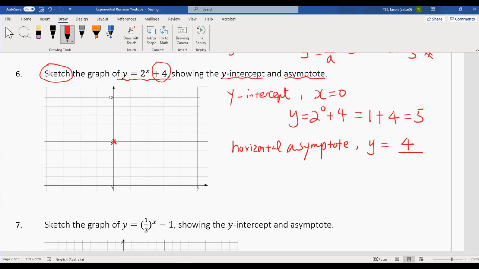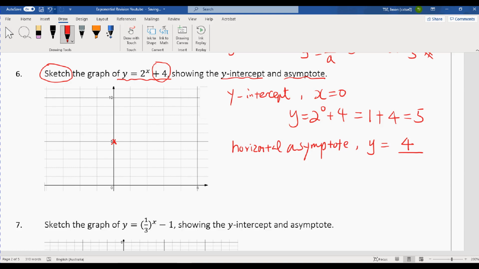Remember, in the examination, if you just write horizontal asymptote is 4, then I can't give you mark. Let me say it again. If you just write horizontal asymptote is 4, then you got no mark. You have to write y equals 4, because this is an equation. So let's try to locate where the horizontal asymptote is. It should be y equals 4.